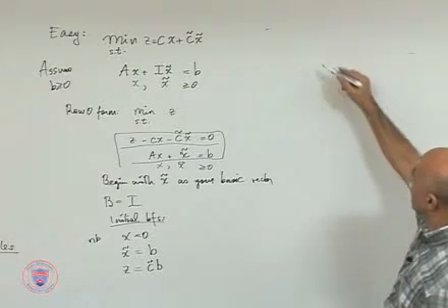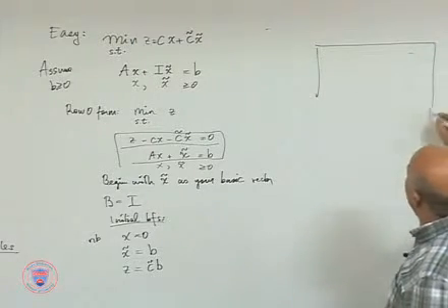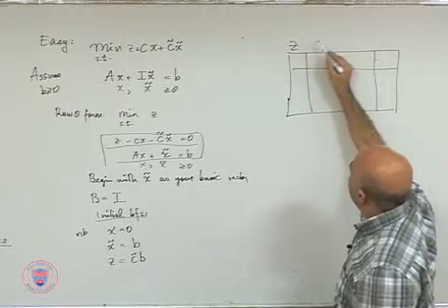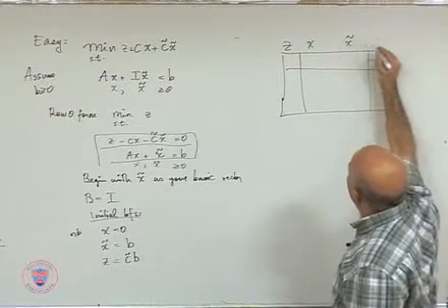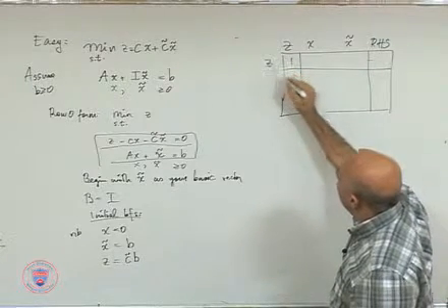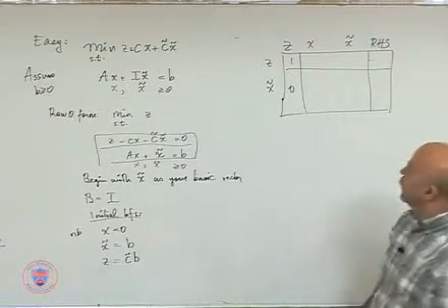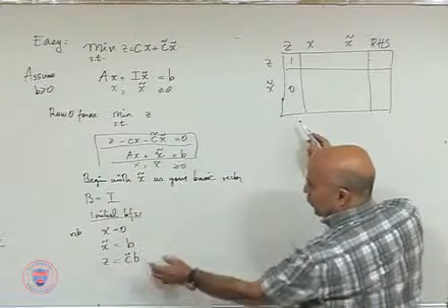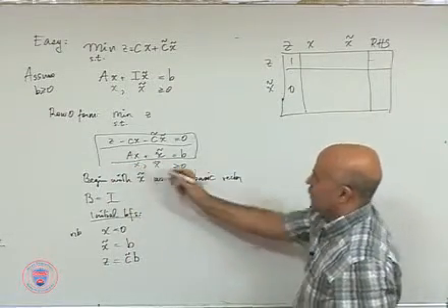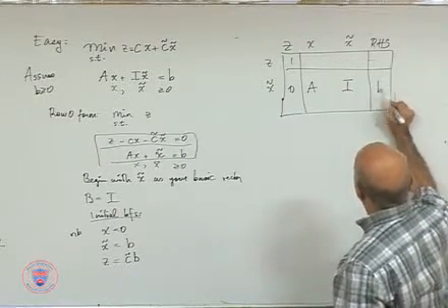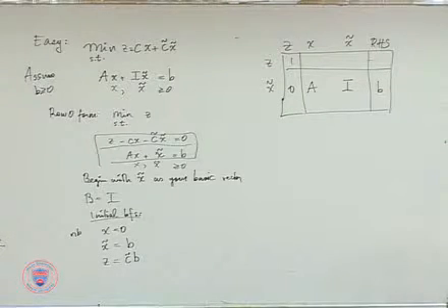What is the initial tableau for this one? Well, the lower part will be B inverse, which is identity, times A, and identity times identity. So you've got this in the lower part. Everything is pre-multiplied by B inverse. In this case, it's identity.